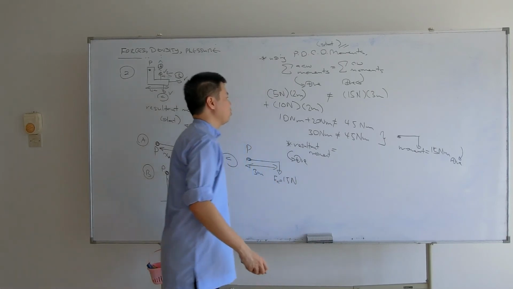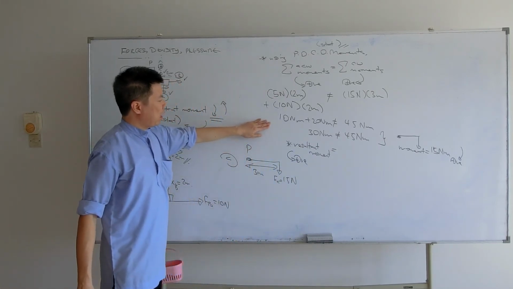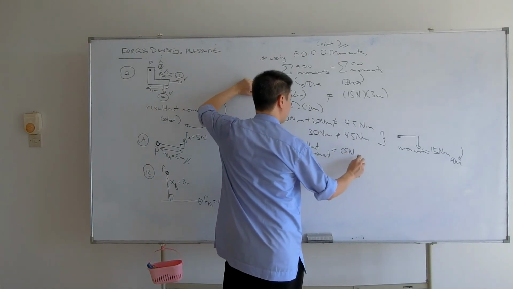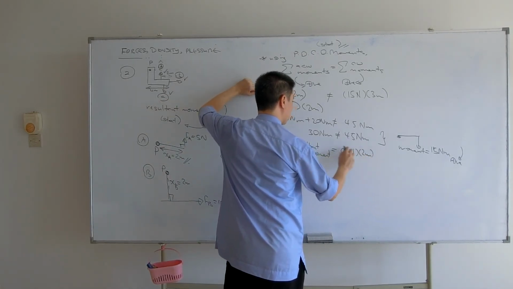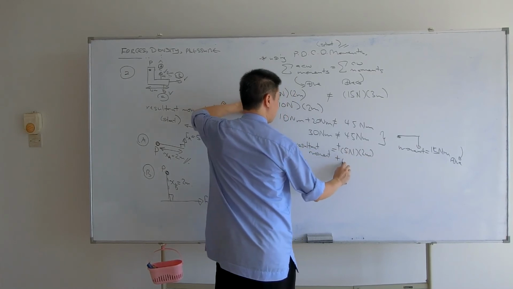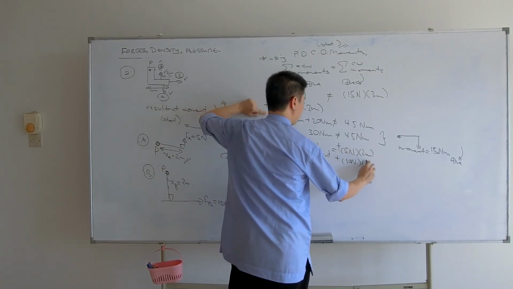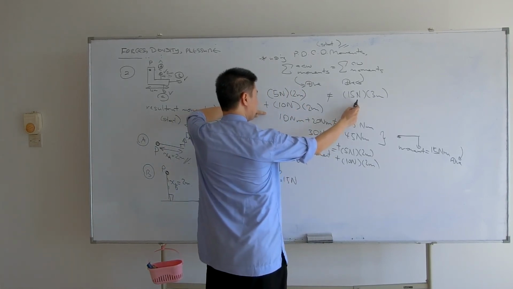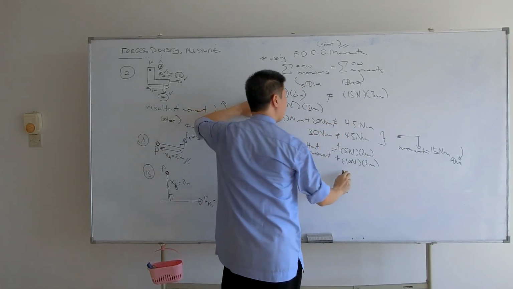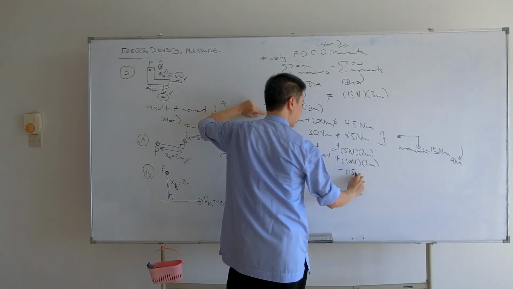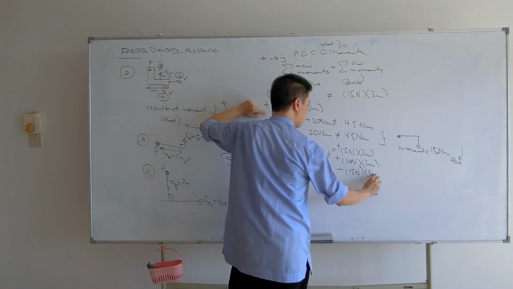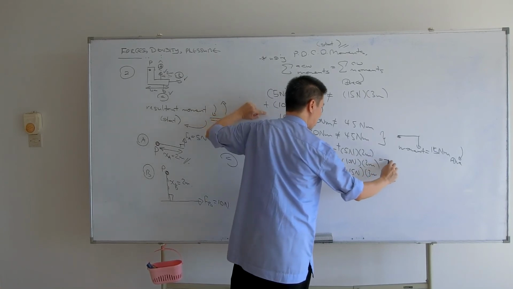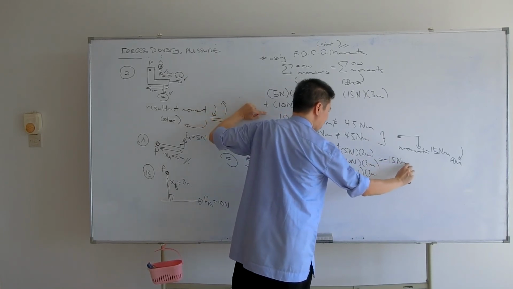So you have your 5 newtons, 2 meters, positive, plus your 10 newtons, 2 meters, positive. Your clockwise moment, which is opposite in direction, will be minus 15 newtons, 3 meters. And if you do the calculations, you'll get something like minus 15 newton meters.